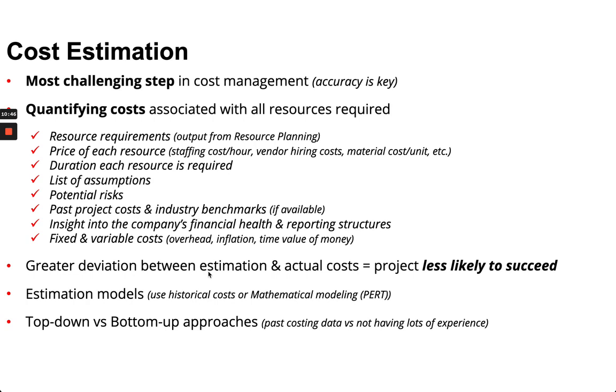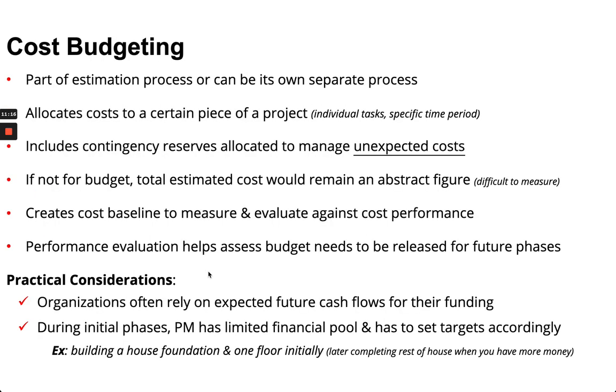But the greater the deviation between estimation and actual means your project is less likely to succeed. You're now over budget and things are all over the place, and possibly nothing's getting done. Consider a top-down or a bottom-up approach, past cost versus not having, say, a lot of experience, as an example, to do your cost estimation.